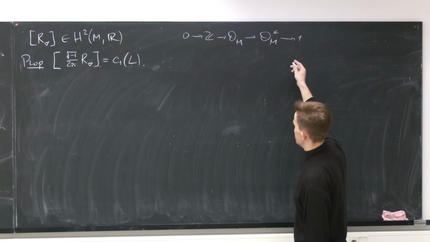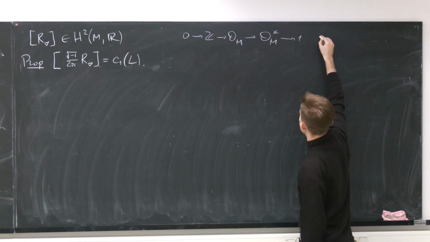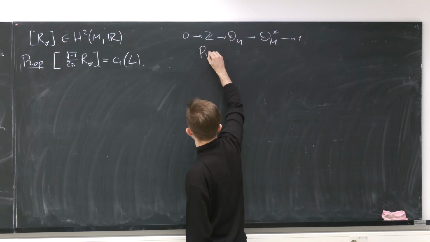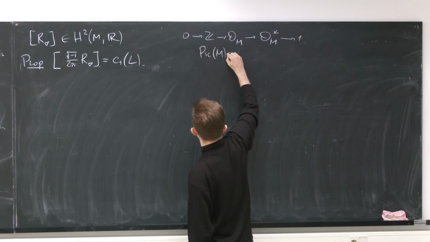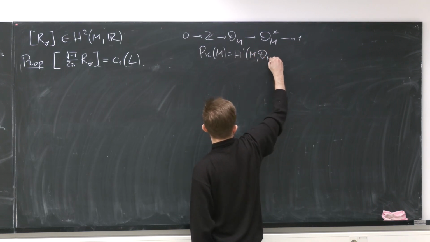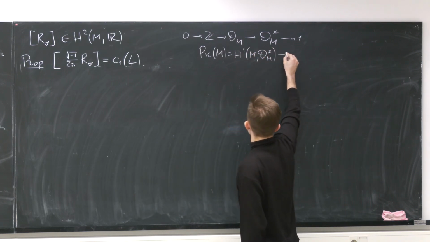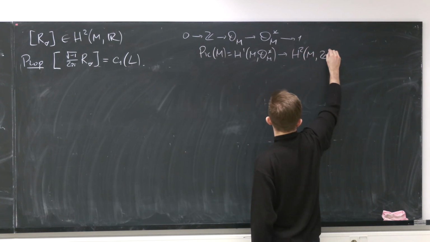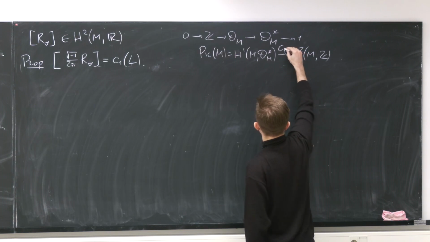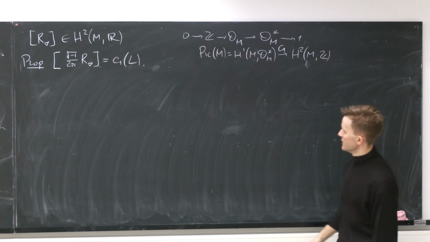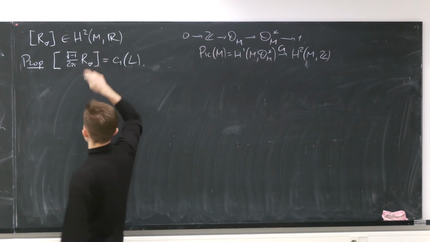And there was a connecting homomorphism from the Picard group of M, which is H1 of M, O_M star, to H2 of M, Z. And this was the first Chern class. But now from there I have a map to the real cohomology.